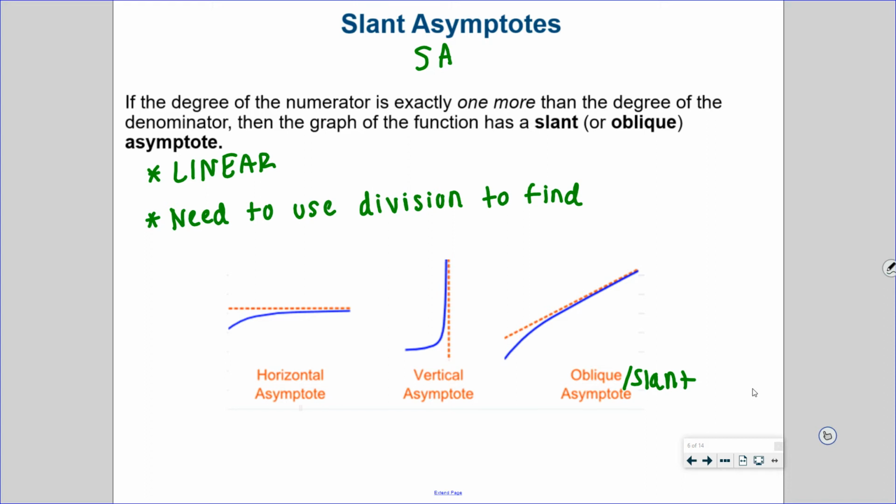Okay, and we'll practice a couple of these before we actually get to graphing. And this only happens when the degree of the numerator is exactly 1 more than the degree of the denominator. So you could write this if you want.